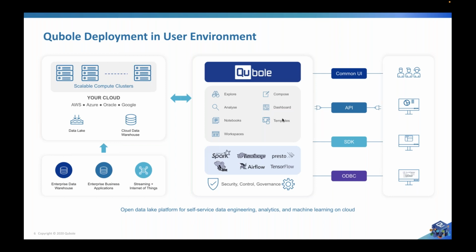You can use APIs to query the data from Qubole and embed it into your dashboards. Then we have Python and Java-based SDKs, which you can embed in your code itself. If you want to trigger or orchestrate any jobs, you can definitely do that.